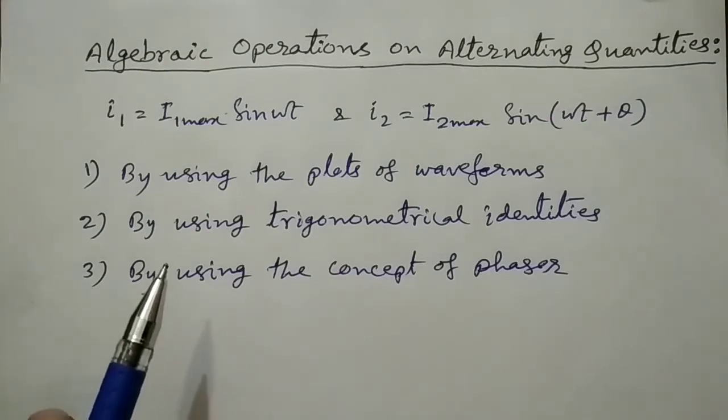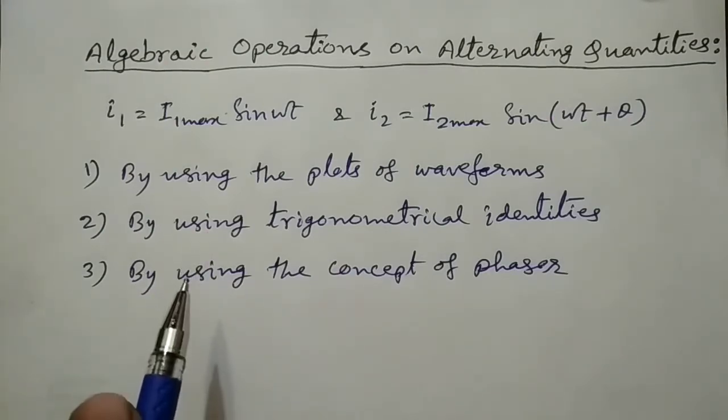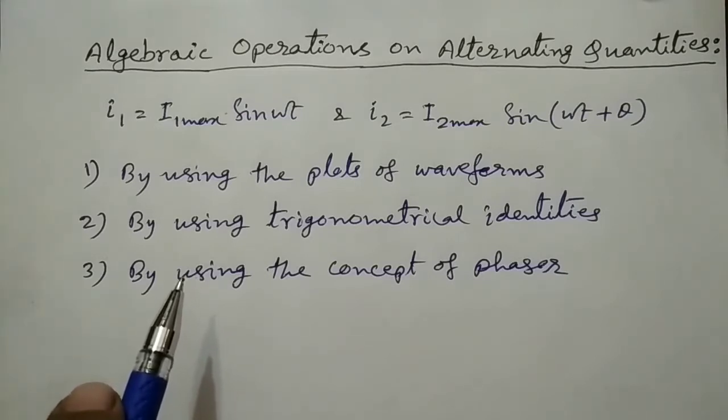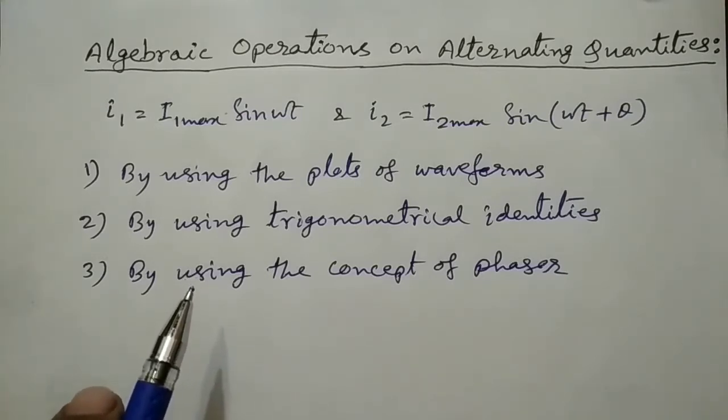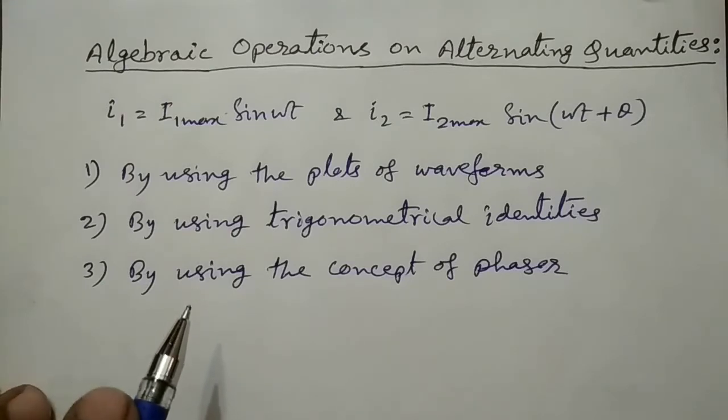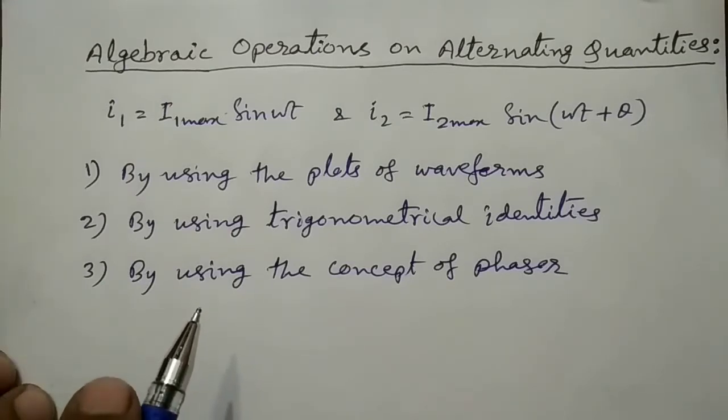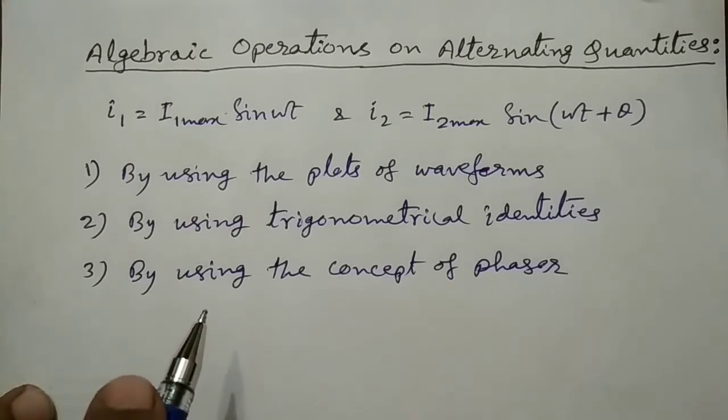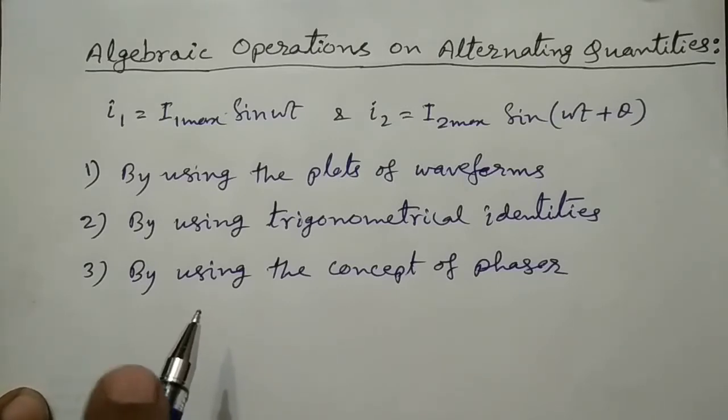In the first option, that is the addition using the plot of the waveform, it is the obvious way to find the sum, but here we plot the two sinusoids and then make point by point summation of the two sine waves.